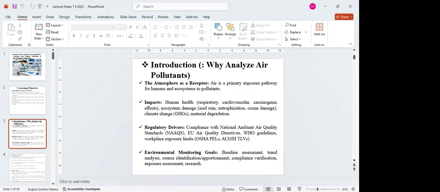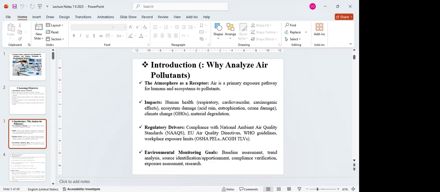By way of introduction, I would want us to understand something about air sampling. The atmosphere as we know it is like a sink. This sink accepts everything that comes into it.